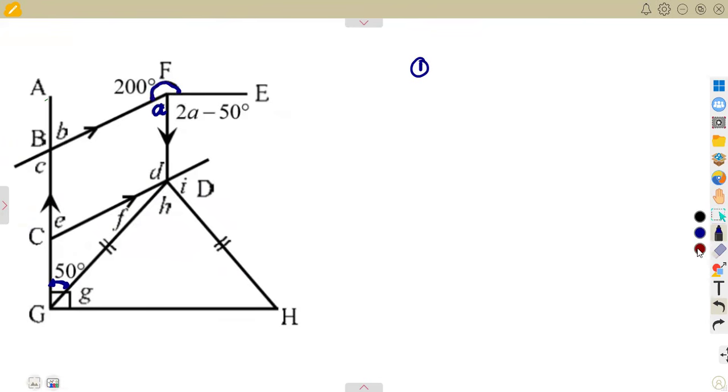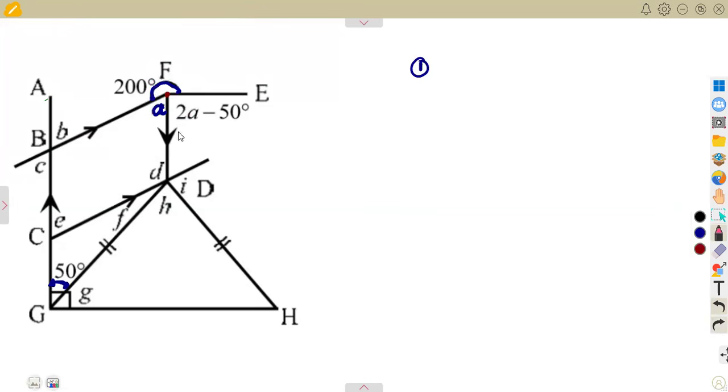What do we know? We know that angles at a point, considering a complete revolution like this, must give us 360 degrees.